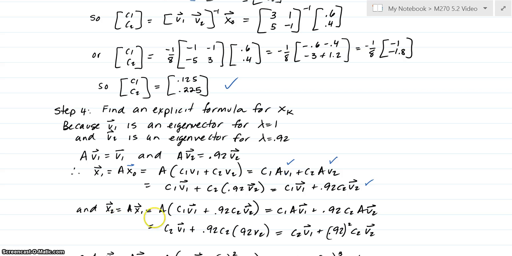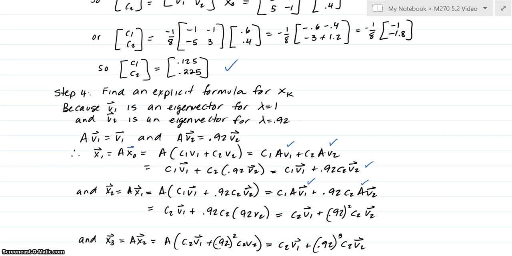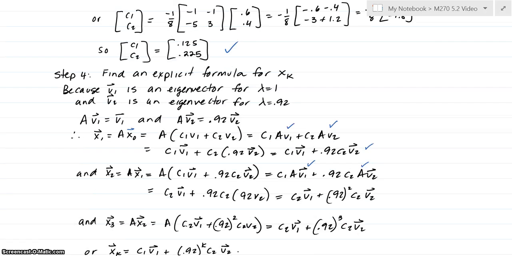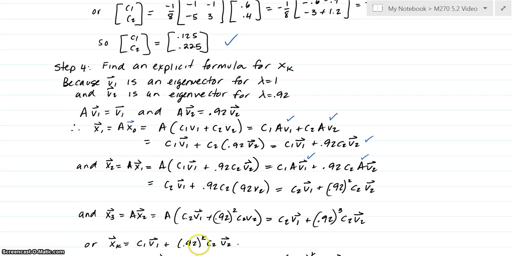I'm going to do the same thing with x2. Now I know x1 is this. So I bring in that A, and again, this is just v1. There's where that is. And this one is 0.92 again, so we get a squared. So the next one just has a cubed. Or in general, here's my formula.